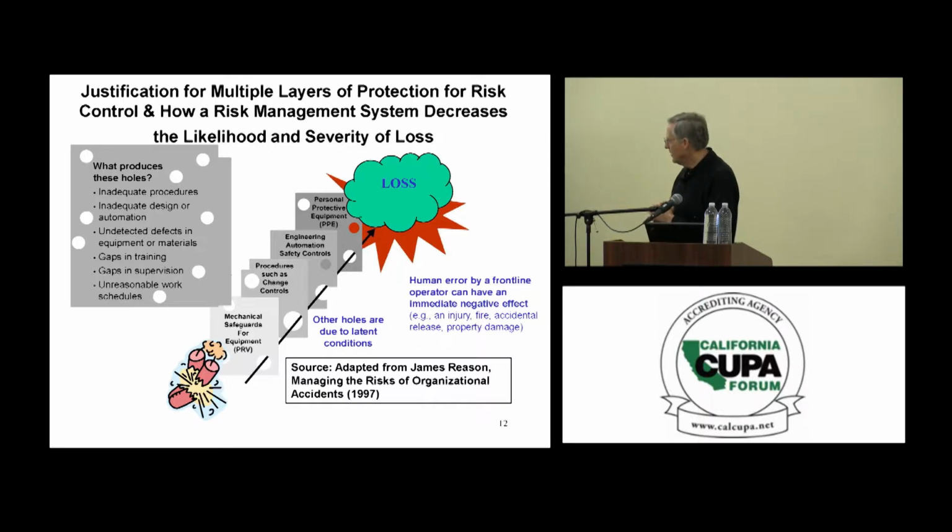This concept was discussed, if you want more information, by James Reason in Managing the Risks of Organizational Accidents. And he talked about the concept of the Swiss cheese model. If all of these layers of protection or barriers were 100% effective, we'd only need one. But they're not.